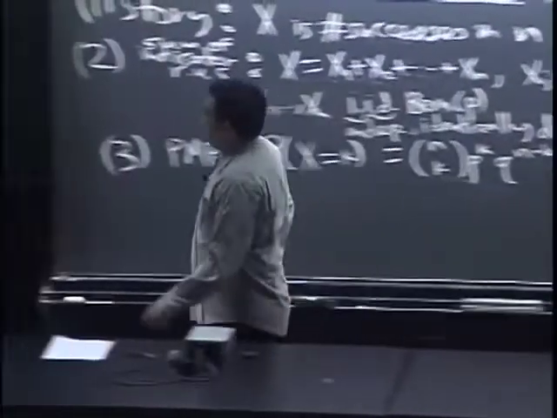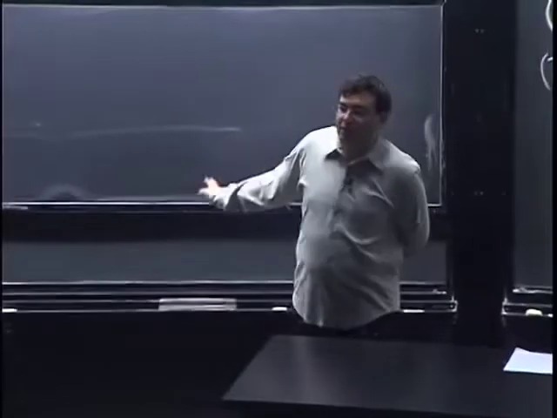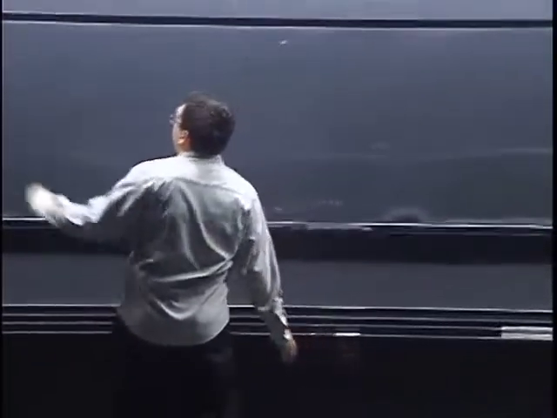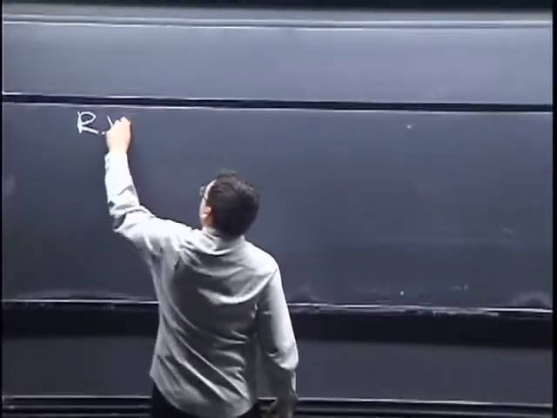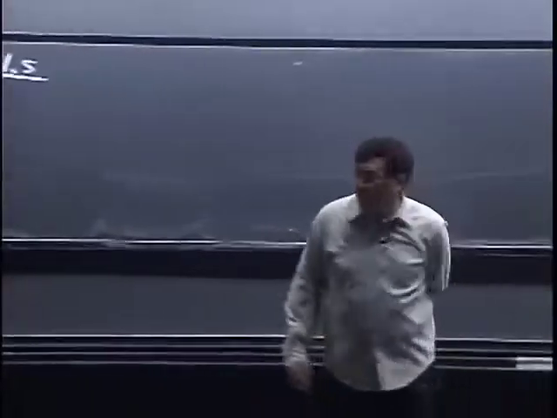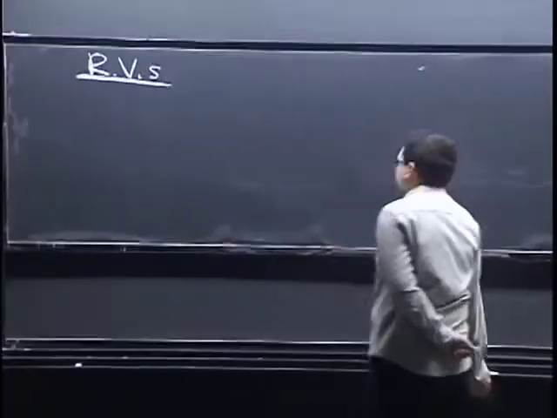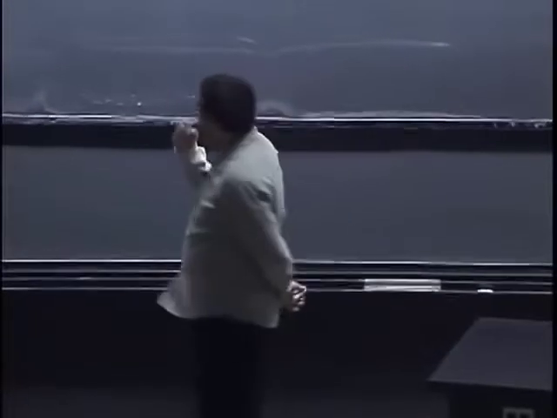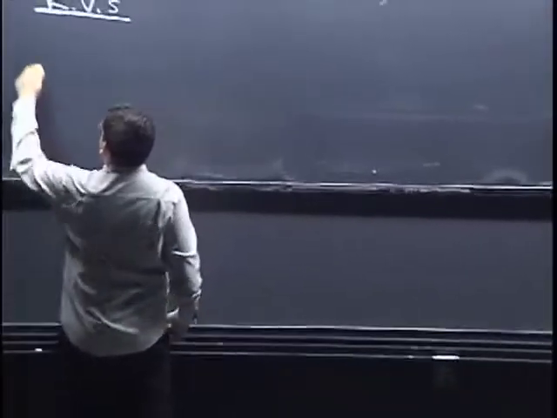But let me go over here and talk a little more generally, what's a PMF, what's a distribution. We usually abbreviate random variable to RV because we use them so much. It's nice to have a shorthand for that. So just to remind you from last time, what is it?